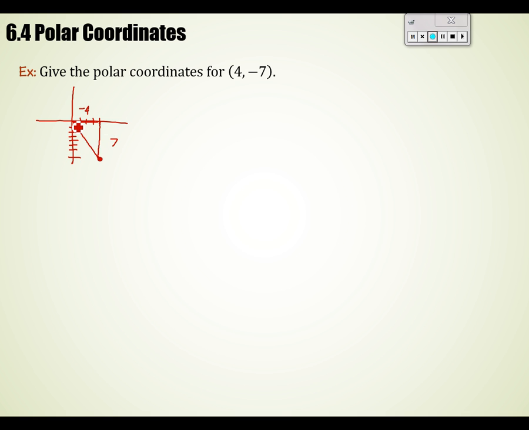You could draw this picture again. This time we have the other information. We're trying to figure out what r is and what theta is. Once we know what r and theta are, then we're done.